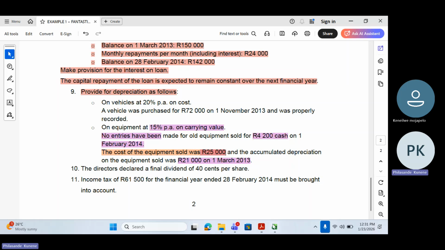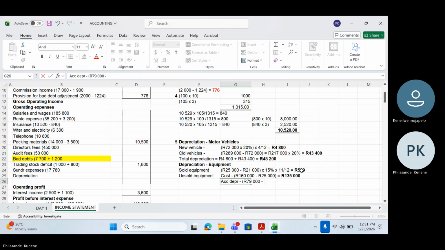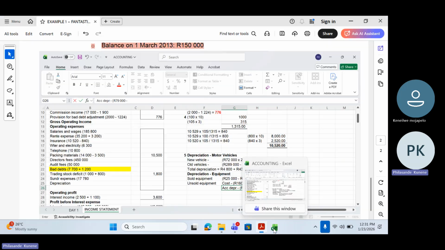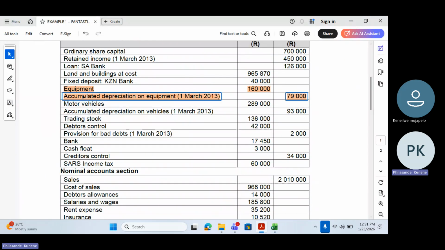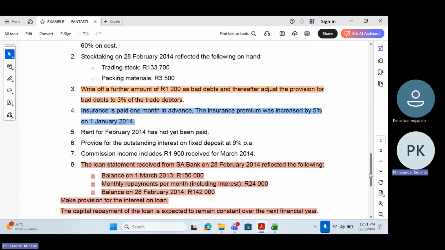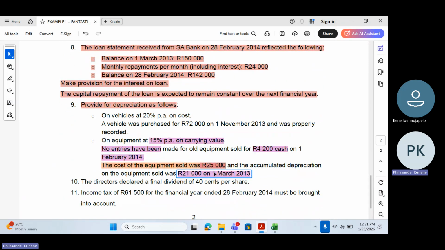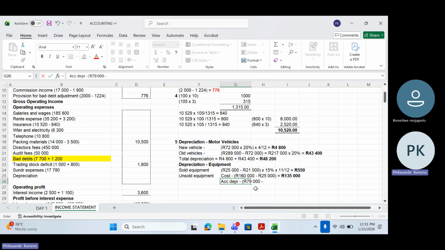You know the reason why we don't have to include 550, because we're having a depreciation at the beginning there. The accumulated depreciation that we have there is on 1 March 2013. So which means now we're also going to subtract the one on 1 March 2013. The current year's depreciation for the equipment sold, we don't have to include it. So I'm going to say minus 21,000 here, right?